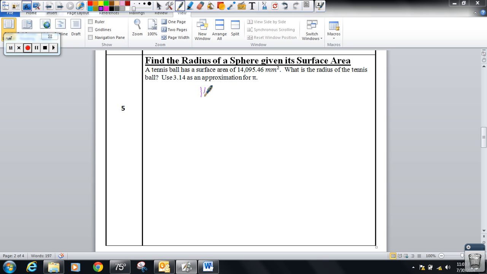So my surface area is 14,095 and 46 hundredths is equal to 4 times pi times radius squared. So I need to simplify that right-hand side by doing that multiplication. 4 times 3.14 is 12.56.